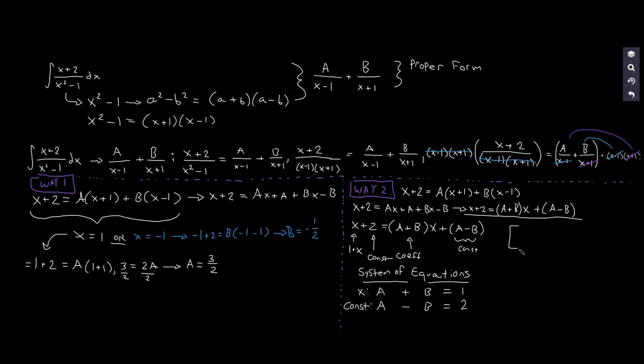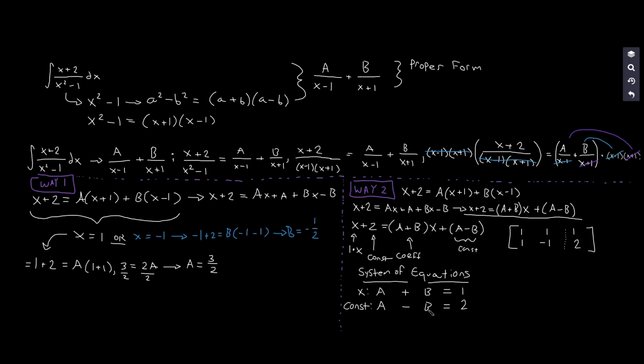If we wanted to write this as a matrix, we could do 1, 1, 1, a 2 by 3 matrix, and then over here 1, negative 1, 2. That's what the matrix would look like. But let's just keep going.